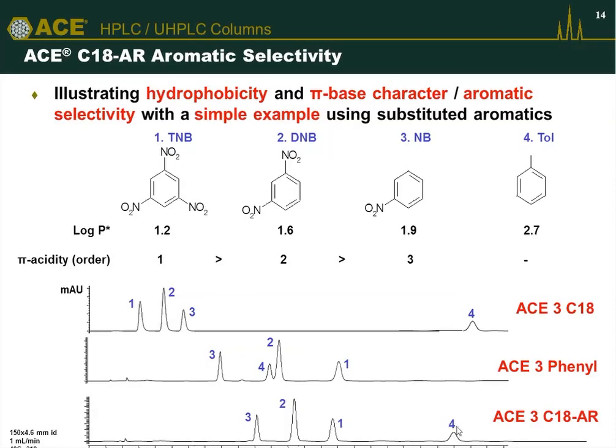And then toluene, marking the hydrophobicity, has moved from around 9 minutes on the phenyl phase, where there's a low hydrophobicity, further out to nearly the same retention time as it was on the C18 stationary phase. So we can see there's increased hydrophobicity of that phase. So we've blended together the hydrophobicity and the pi systems in a single stationary phase.